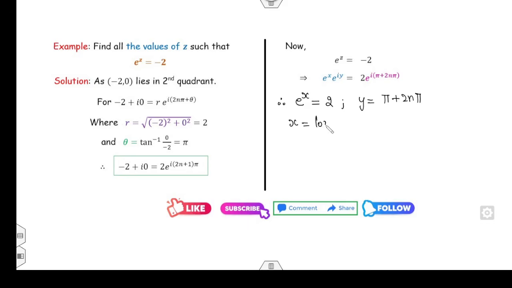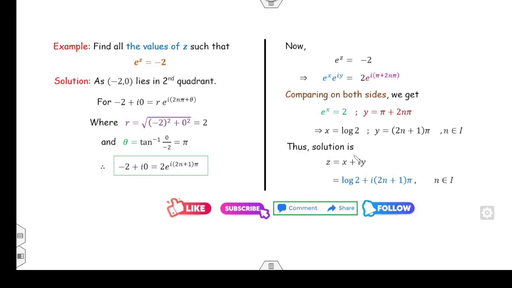X will be my log of 2 and y will be (2n plus 1) into pi. Therefore, your solution is x plus iota y. I can substitute the value of x and the value of y, that is the required answer of the problem.